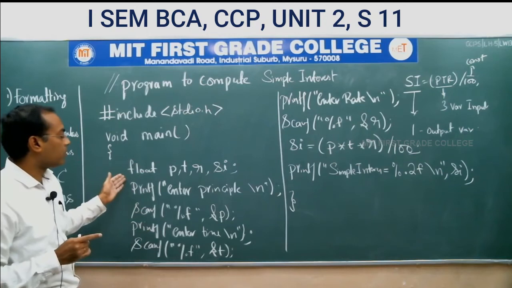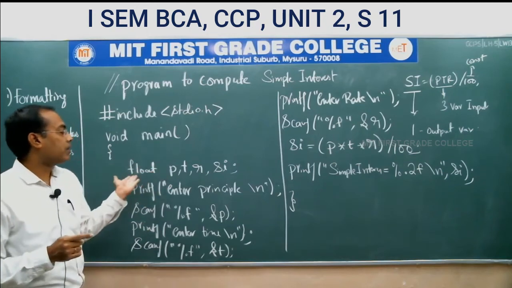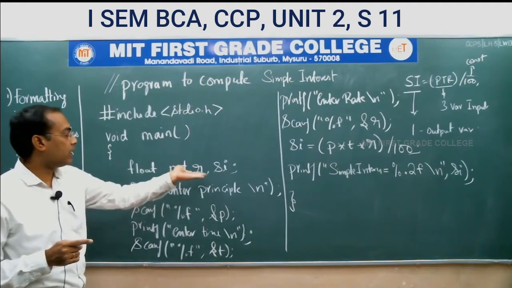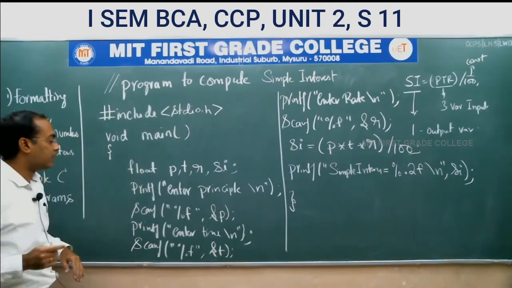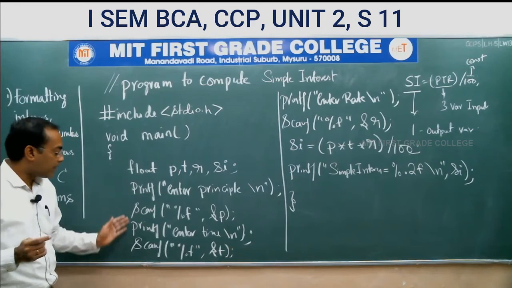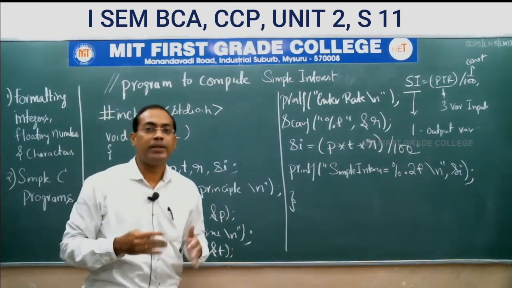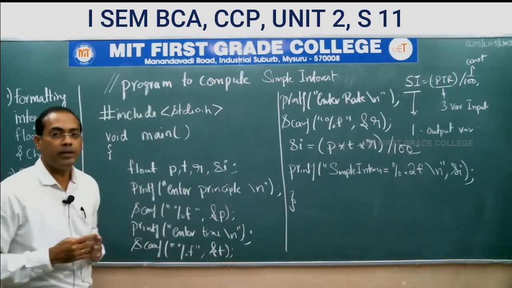So then we are going to declare the variables, and we are declaring all the variables P, T, R as well as SI as floating variables, which we discussed. Then we are writing individual printf and scanf, that is output and input statements, to accept each input variable.